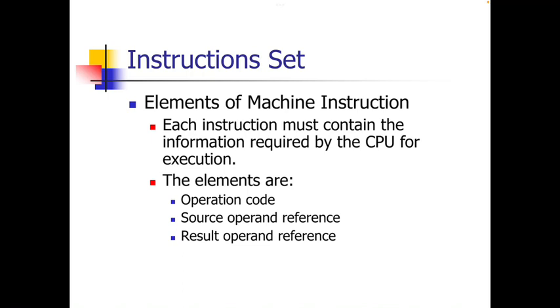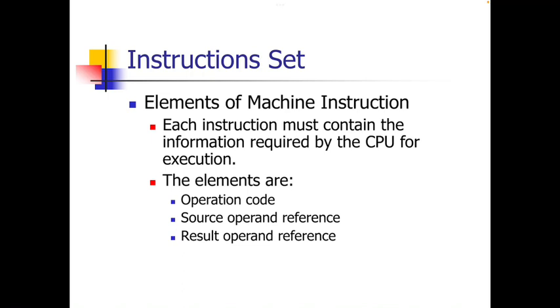Here we look at what we have in machine instruction, or the elements of a machine instruction. Each instruction must contain the information required by the CPU for execution, for running. Of course, the CPU must know the instruction.